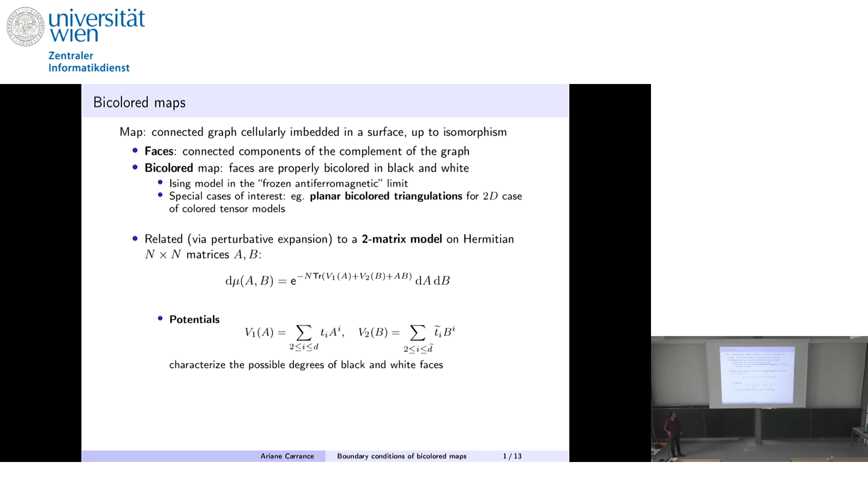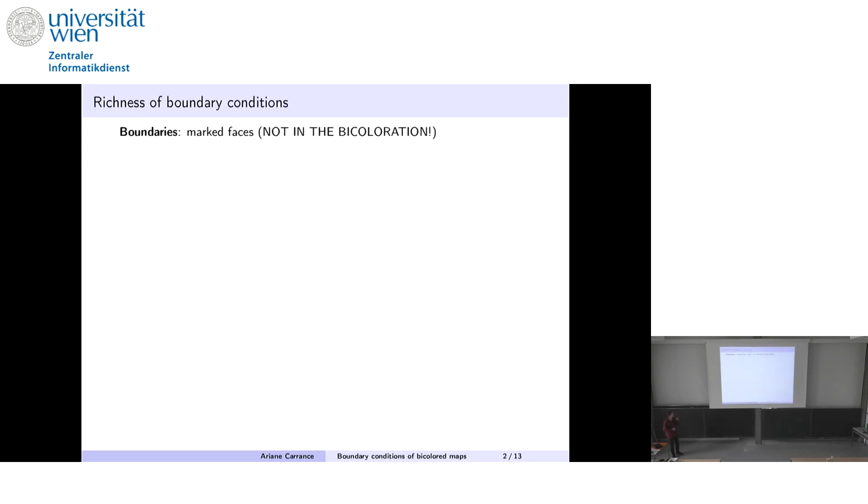If you like topological recursion, or for a lot of other reasons, when you have a family of maps, you might want to enumerate maps in your family with boundaries, so distinguished faces that play a special role.